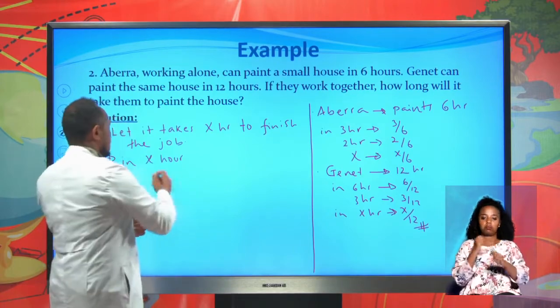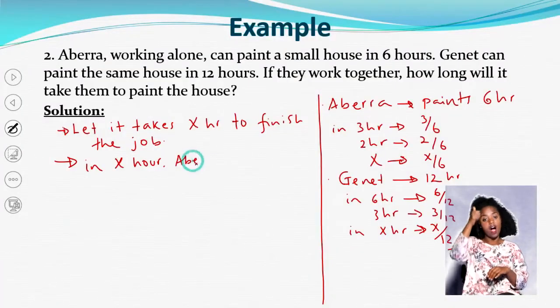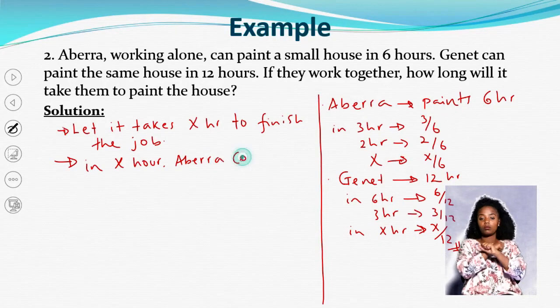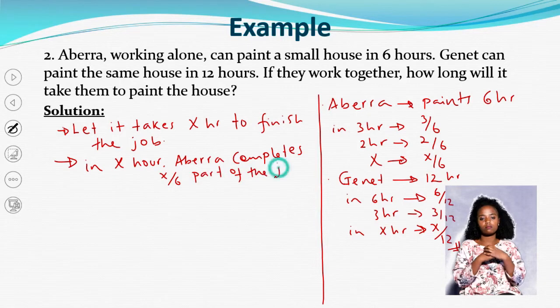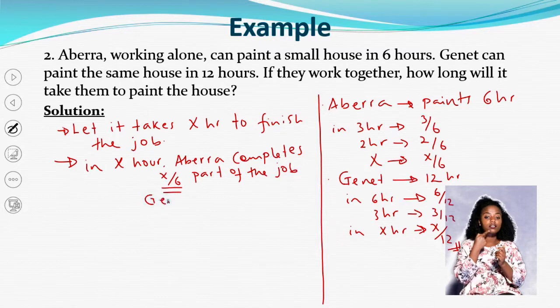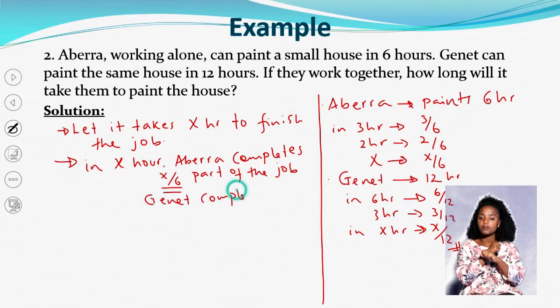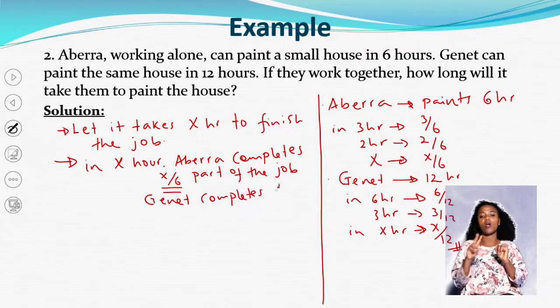Therefore, in x hours, Aberra completes x over 6 part of the job, and Gannet completes x over 12 part of the job.